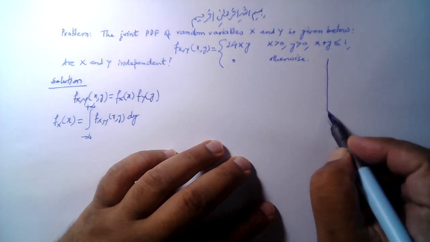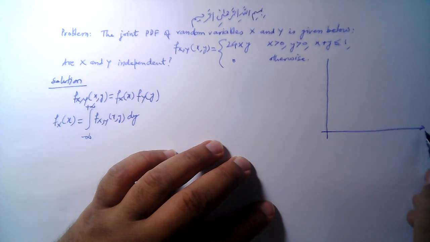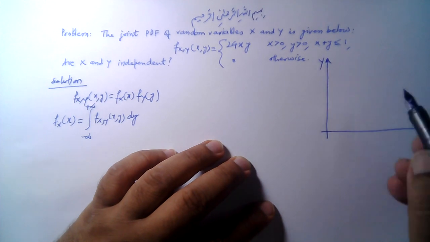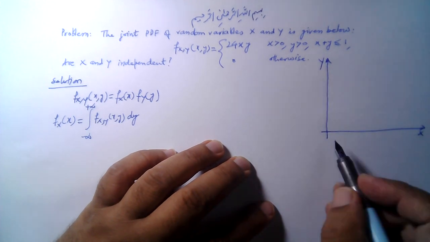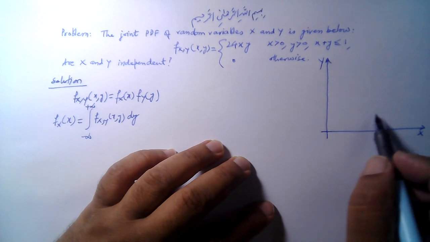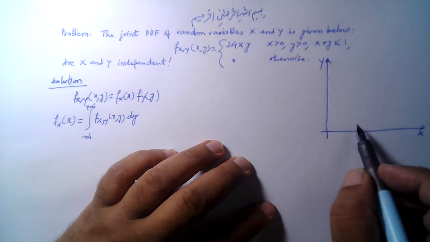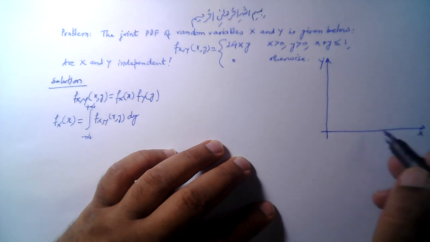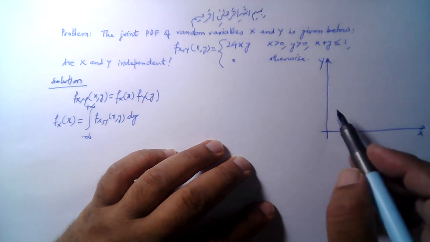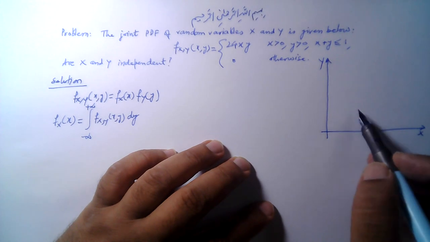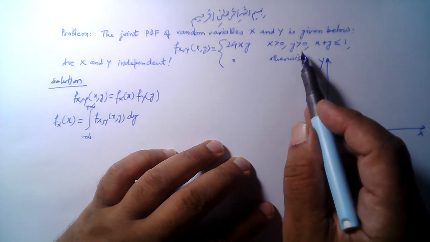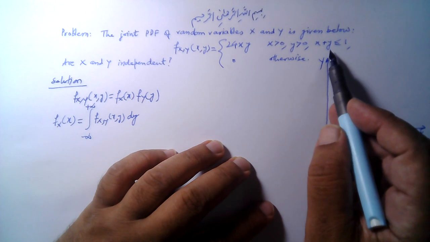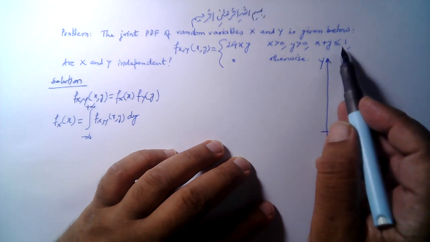This is x and this is y, and x greater than 0 means this region, right? And y greater than 0 also means this region, above the x-axis. And this is the first quadrant, where x is greater than 0 and y is greater than 0. But we have a third constraint also, which means x plus y is less than or equal to 1.